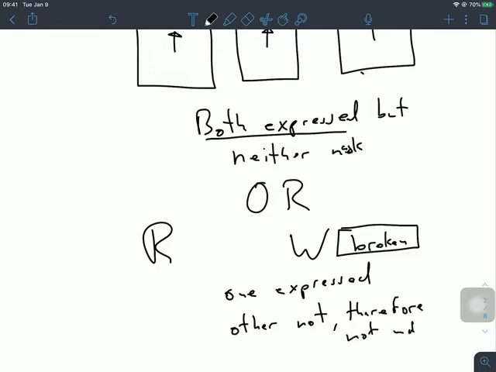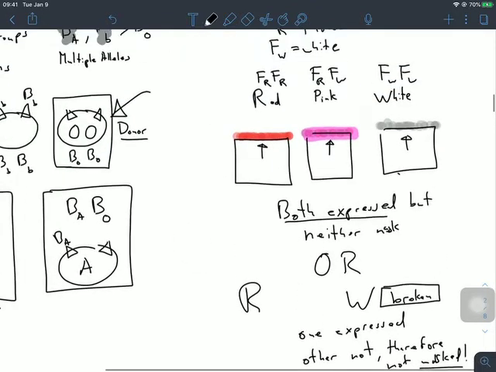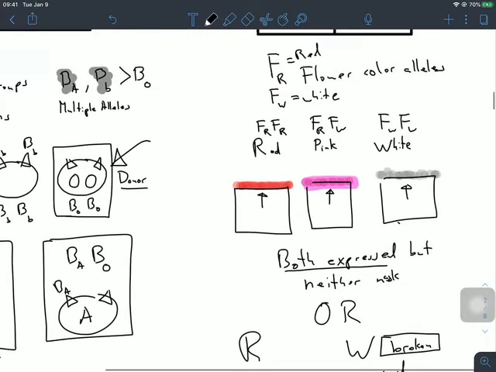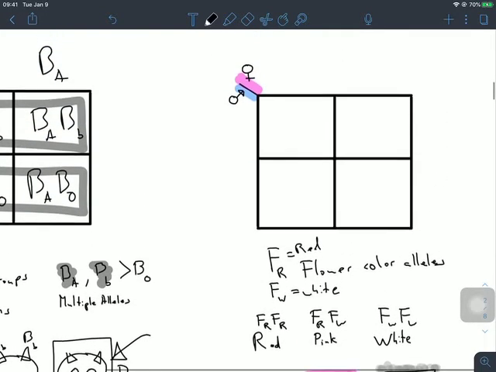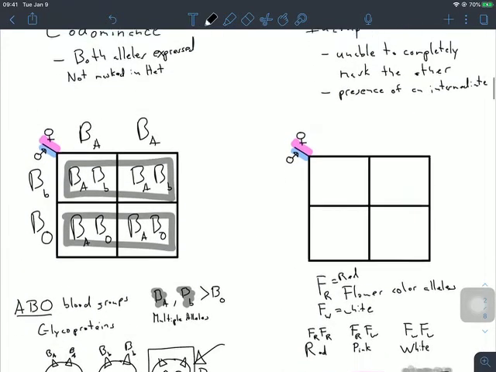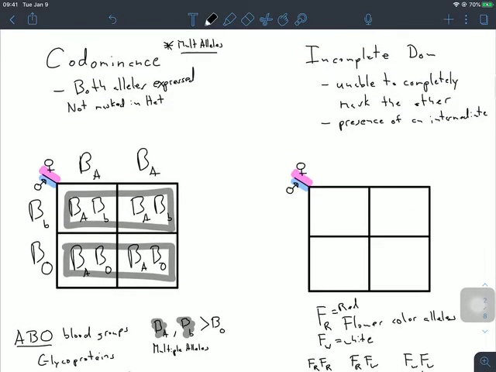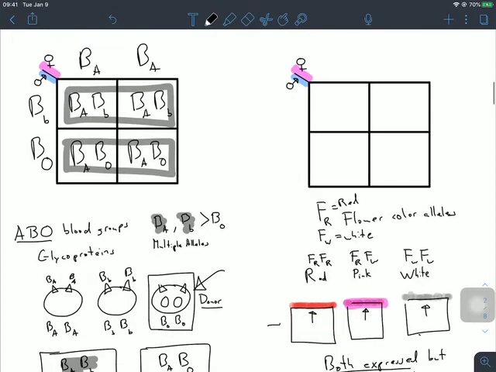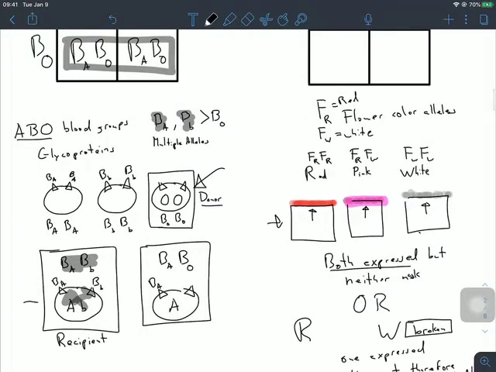But in both cases, you're getting the situation where the intermediate is manifesting as a different appearance. You'll notice how that is fairly similar to codominance, right? You might get a situation where both colors are expressed, like case 1, and now we have a pink intermediate, just like you might consider an AB some sort of quote-unquote intermediate.